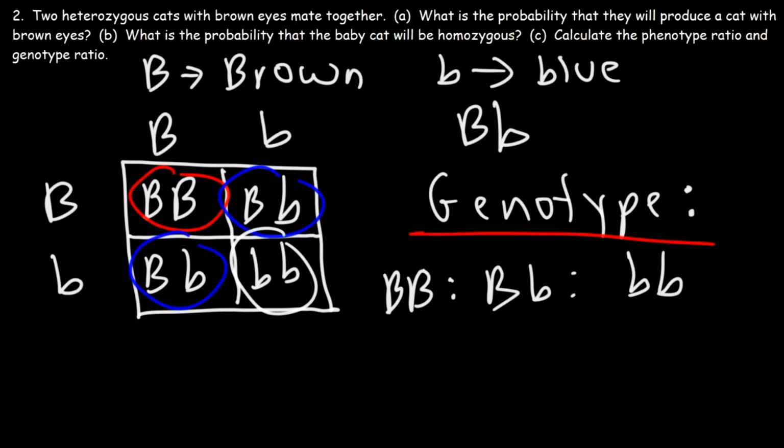So we only have 1 homozygous dominant genotype, and we have 2 heterozygous genotypes, and 1 homozygous recessive genotype. So the genotypic ratio is 1 to 2 to 1.